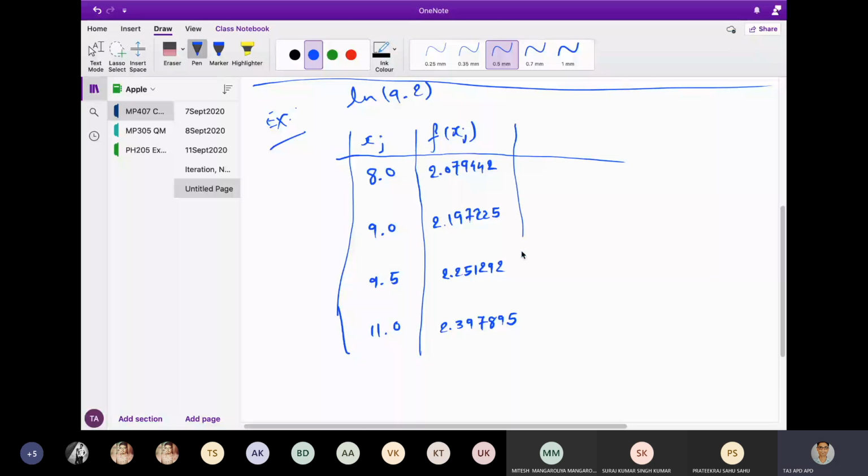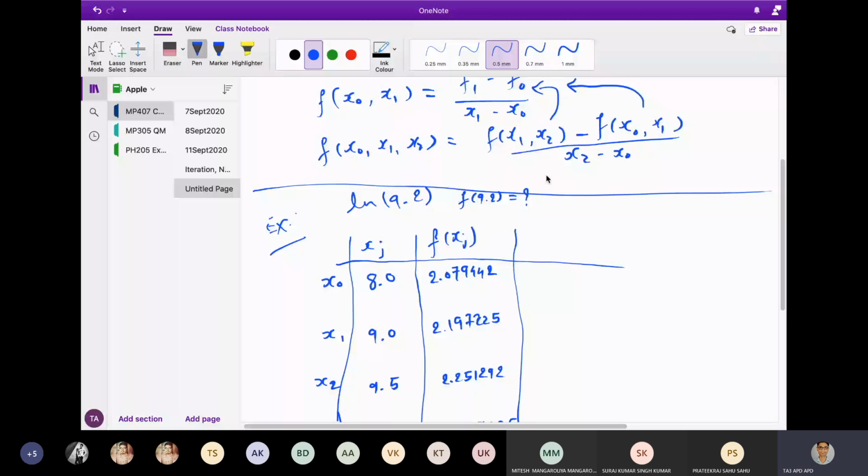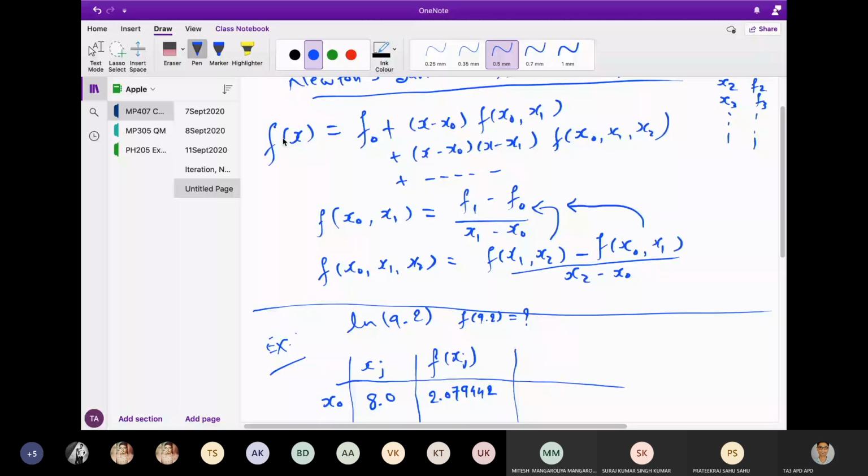So now the question is to find out the value of this. Okay, so if I would say f of 9.2, we want to find out the value for this. Okay, so that's your x0, that's your x1, x2, that's your x3, and according to this formula I would first obtain the equation in the form of f of x, then I should substitute x equal to 9.2.